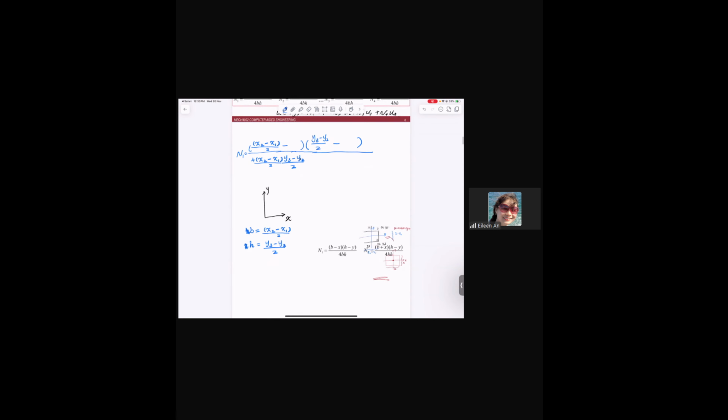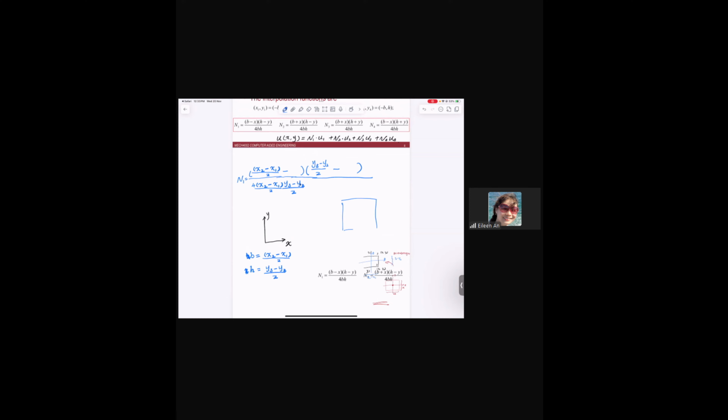Okay, now if we create a new coordinate system s and t for this element, actually we move this rectangular element to the center of the new coordinate system.